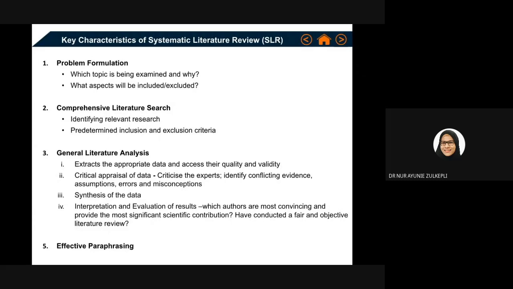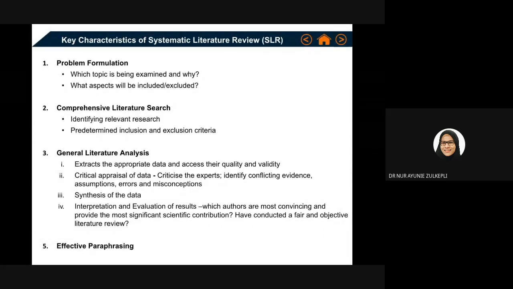Okay, and for general literature analysis, you need to learn how to extract the appropriate data and assess their quality and validity. So you need to do the quality assessment, and also practice critical appraisal of the literature that you collected, then synthesis of the data, and you're going to summarize.